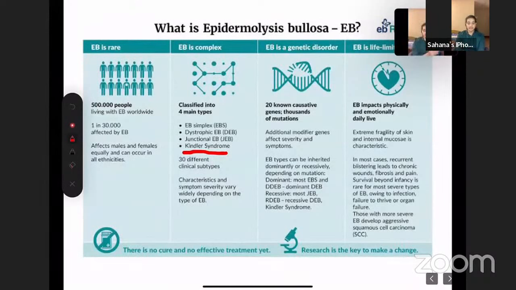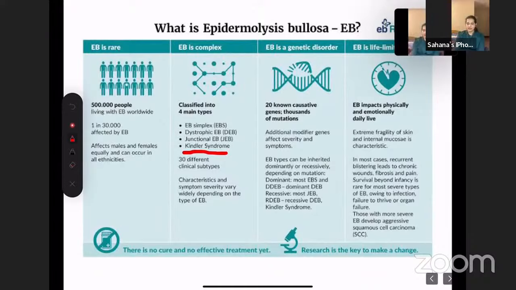The ones which I just told you are just the tip of the iceberg, or the majority of the genes. There are hundreds of genes which cause EB. We don't need to know about all of them. The purpose of today's class is just to give you an introduction to EB and what the main clinical symptoms are, and when you should suspect EB in a child.